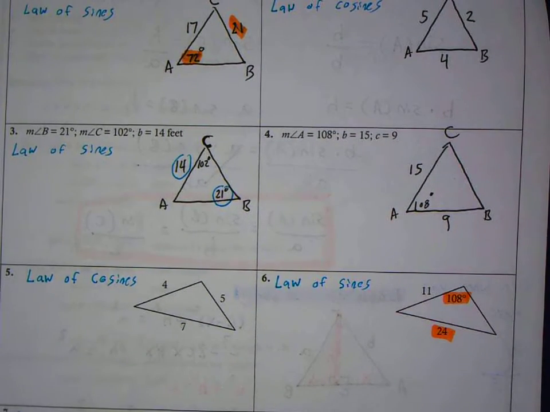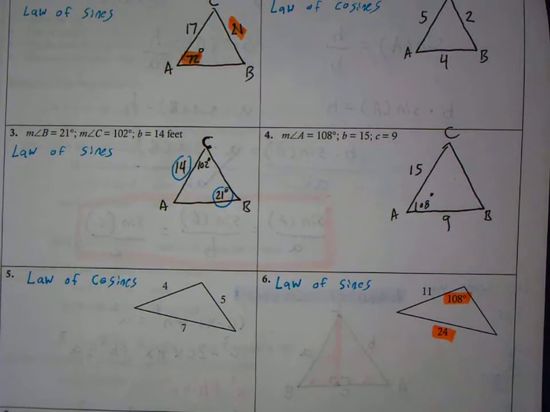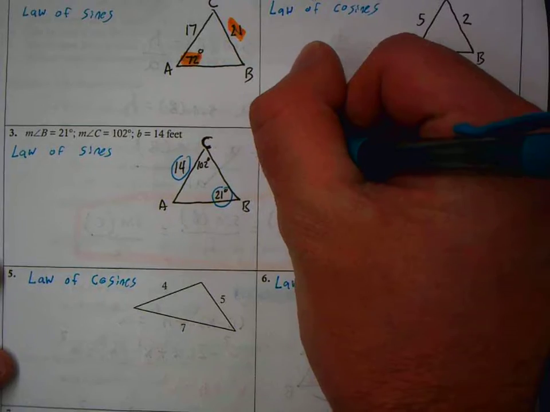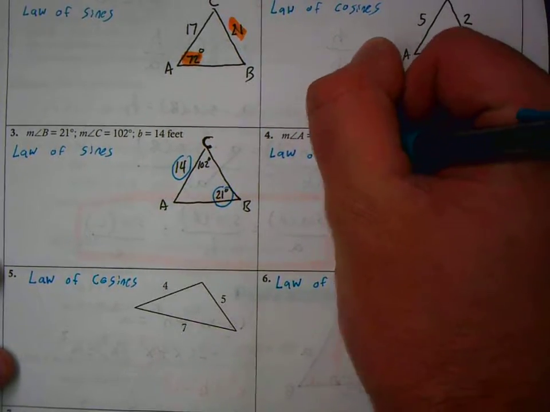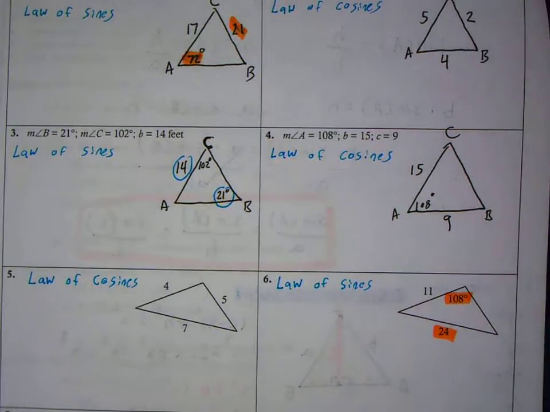Which one am I going to use for this one? Law of cosines, because I have side, angle, side. So let me see, how many of these are law of sines? 1, 2, 3, 4. Good thing law of sines is the easy one. Okay.